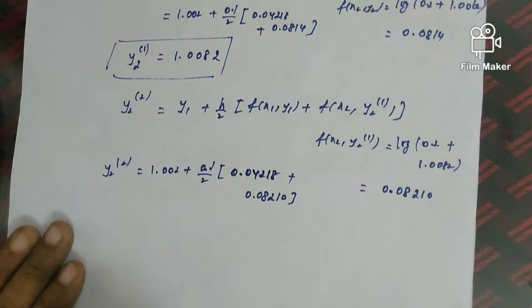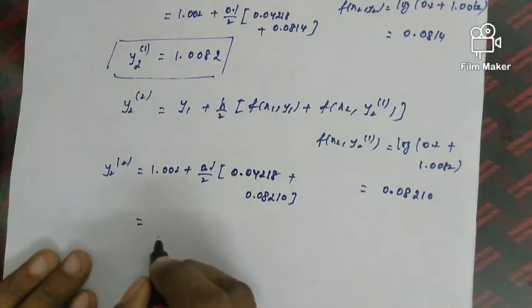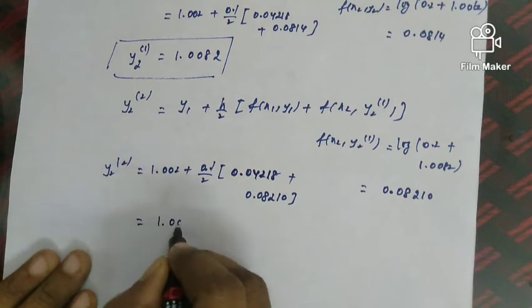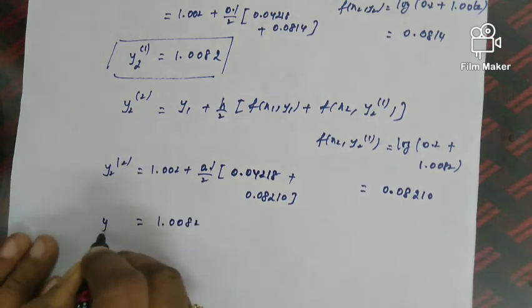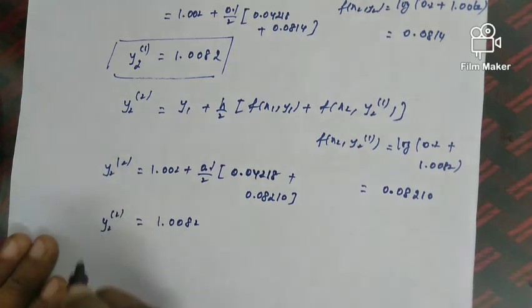Is it clear? Using a calculator, y2 of 2, that is the second iteration value of y2, is 1.0082.